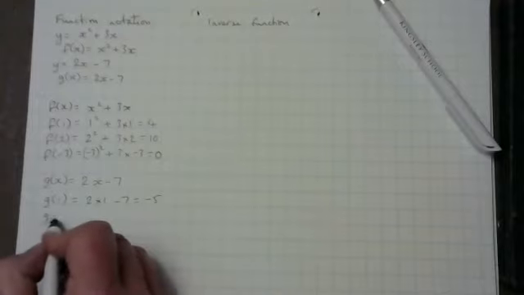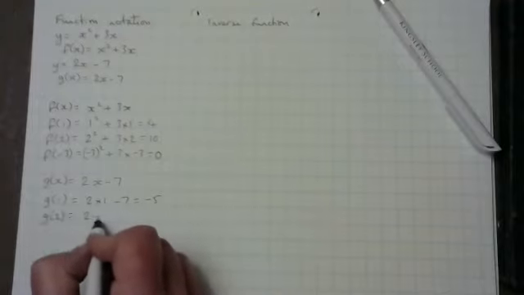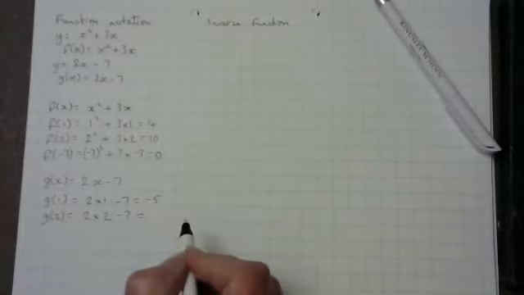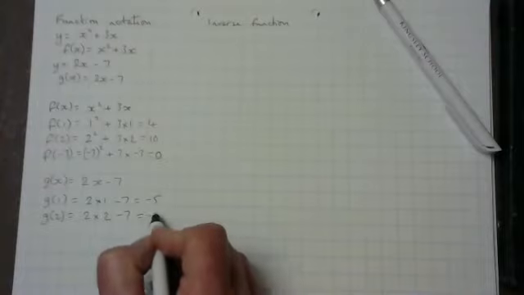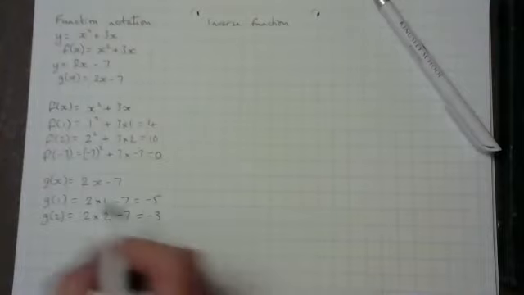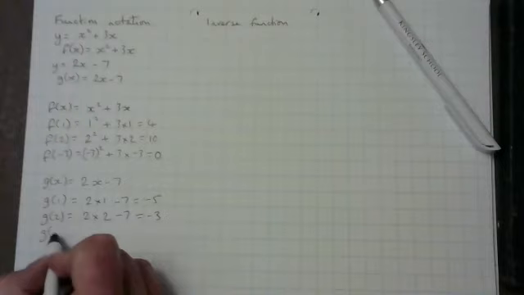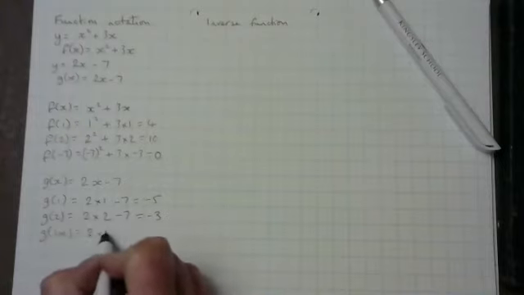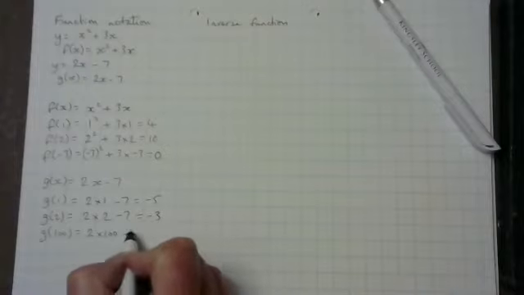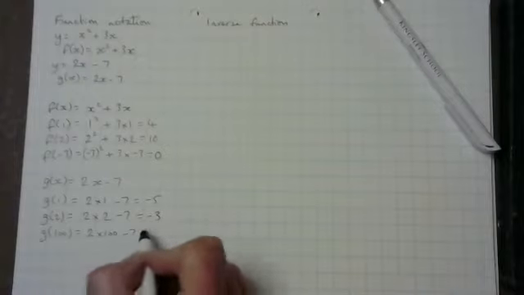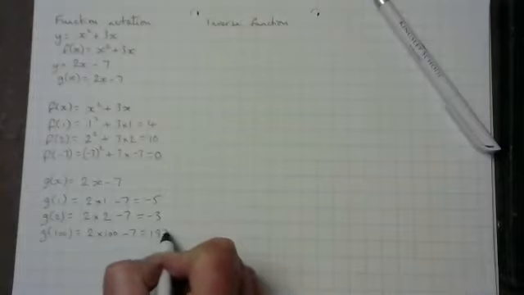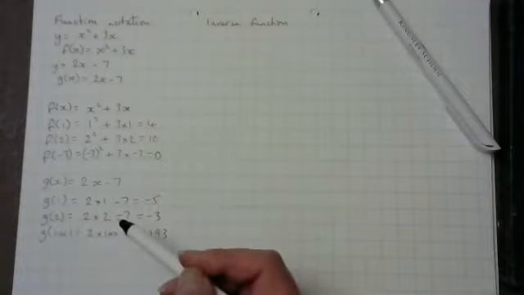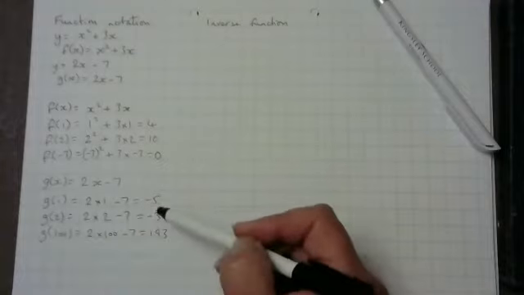G of 2. 2 times 2 minus 7. 4 minus 7, minus 3. G of 100. 2 times 100 minus 7. 200 minus 7, 193. It doesn't matter what inputs I put in. I put an input in, I get an output out.